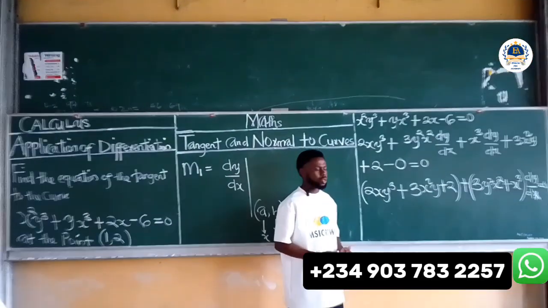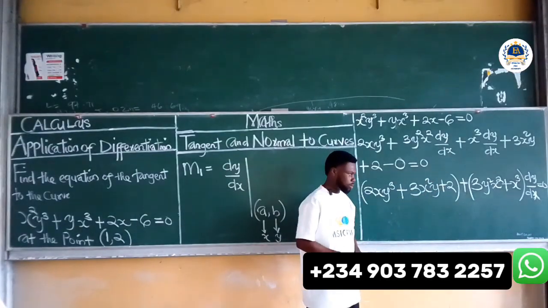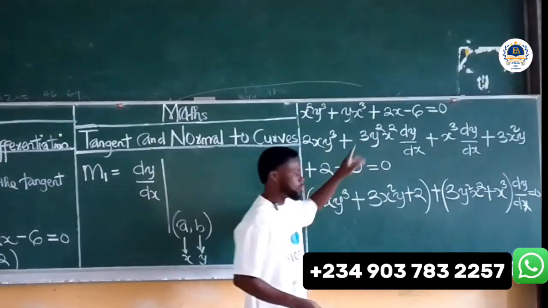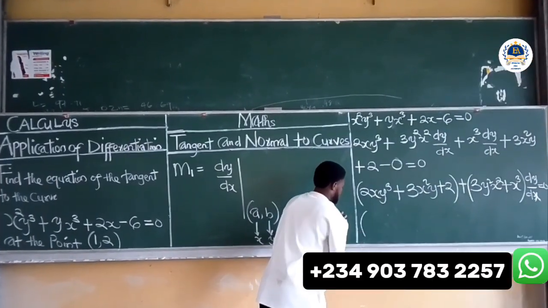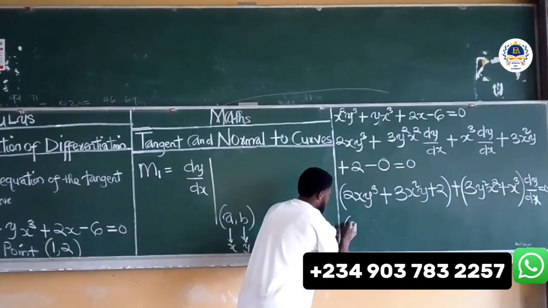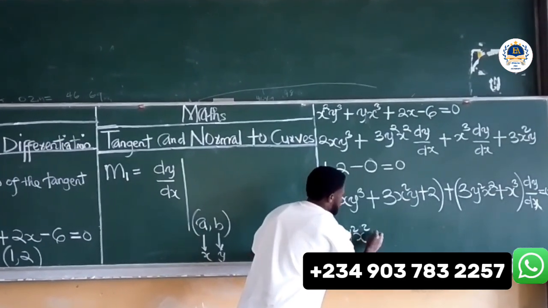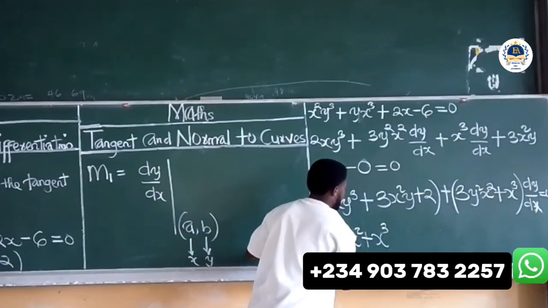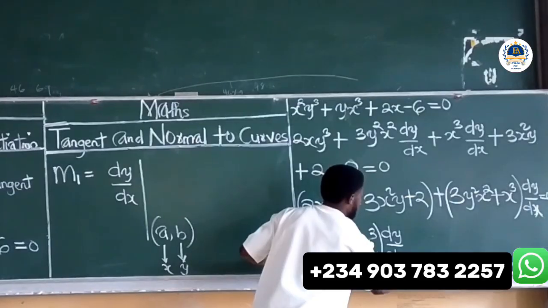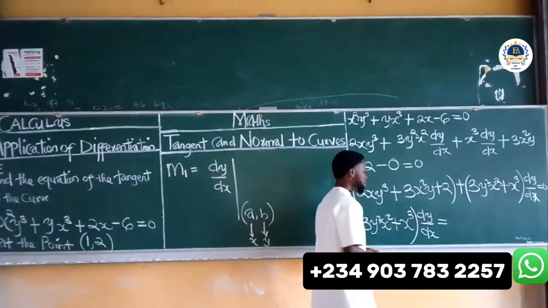Next, we are going to move the derivative of the x variables over to the right-hand side of the equation. That is, we will be left with this bracket on the left while the other bracket goes to the right. This bracket, 3y squared x squared plus x raised to the power of 3, bracket dy over dx, will equal, when the x terms cross over the equality sign, they become minus.